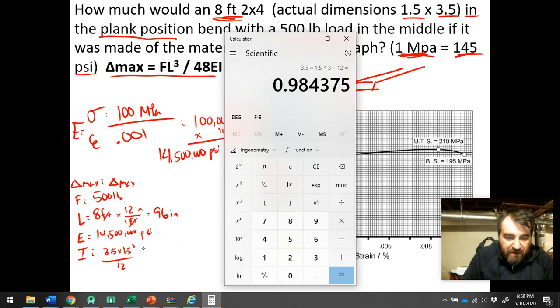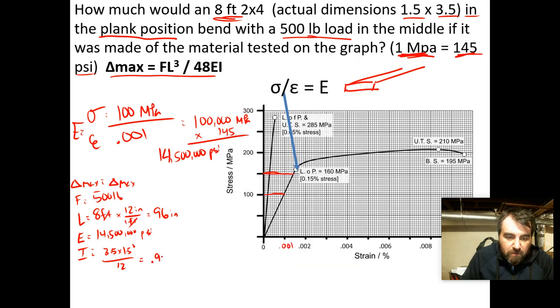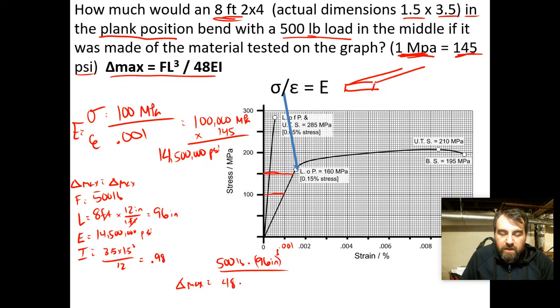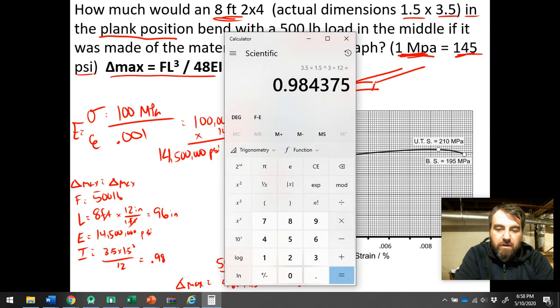We'll just go with 0.98. That's probably good enough. Okay. Now we just plug all these in. Delta max equals 500 pounds times 96 inches to the third over 48 times 14,500,000 times 0.98.